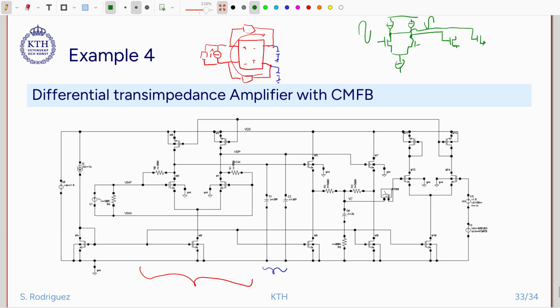We use a common drain amplifier that only has a capacitive input. So there's only some capacitance that is going to be loading, and then we have the two resistors here getting the average. So here we have the average, and as explained before, we need only the DC. We need to filter.